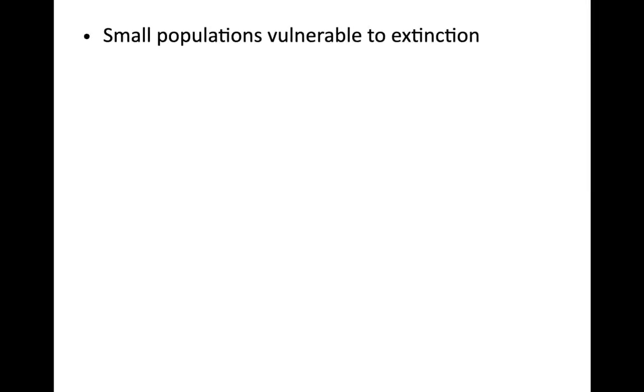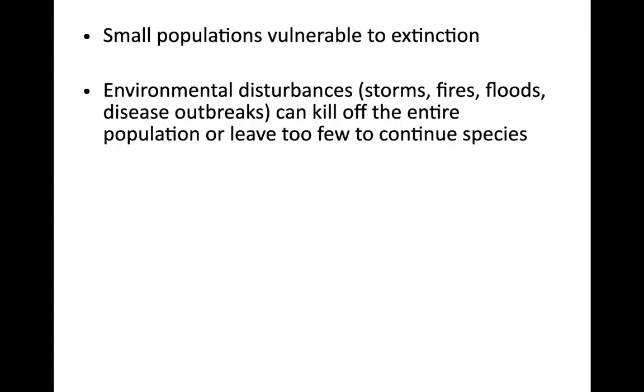The problem with small populations is that any change in the gene pool is going to have a huge impact. And of course, the smaller your population, the more susceptible you are to having an entire population killed by one flood. There comes a point where there's just too few individuals to continue the species.